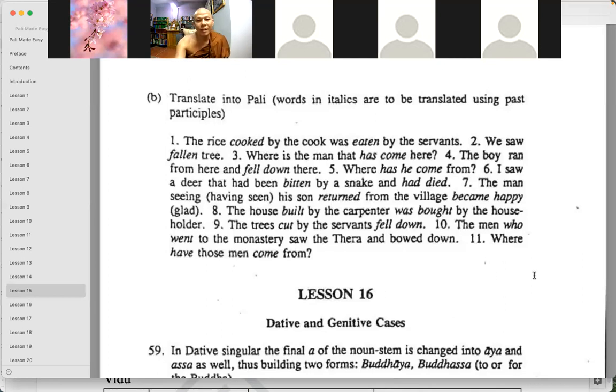Yes, Bante, this is not a question, but just one suggestion. When we do the exercise of translating into Pali with a long sentence, it in fact includes so many phrases inside the long sentence. So may I suggest that Bante help us analyze. For example, number 6: I saw a deer that had been bitten by a snake and had died.